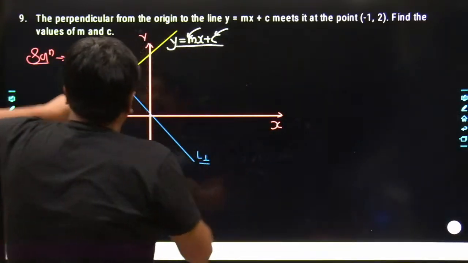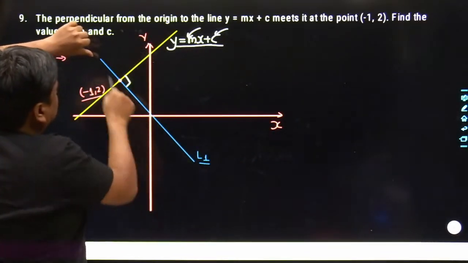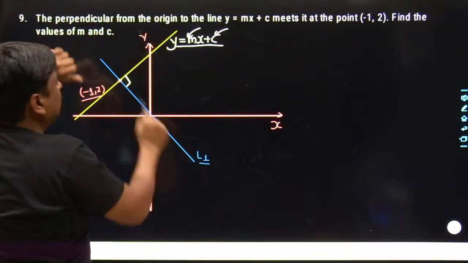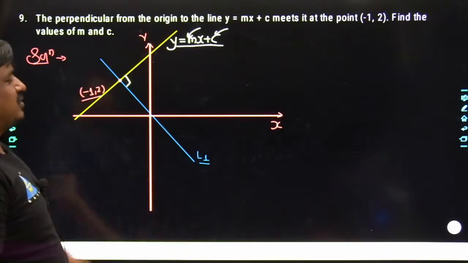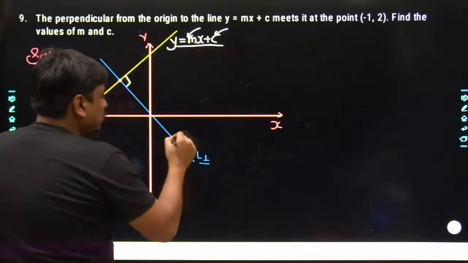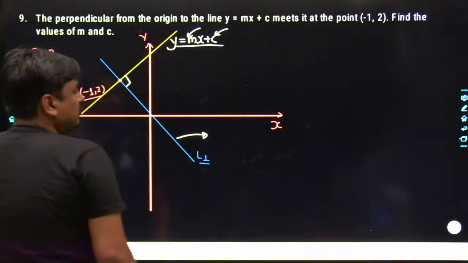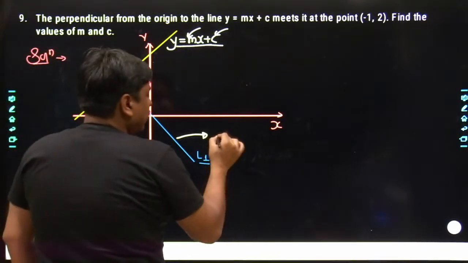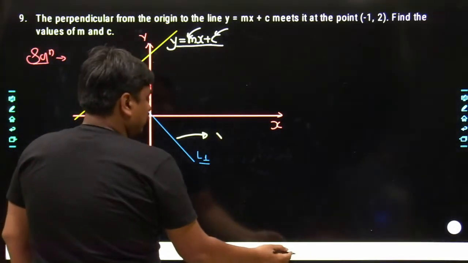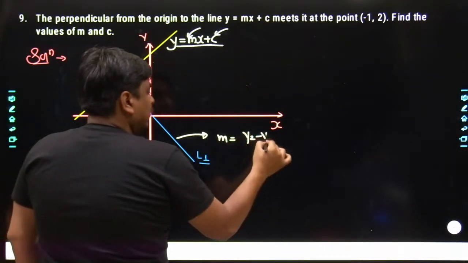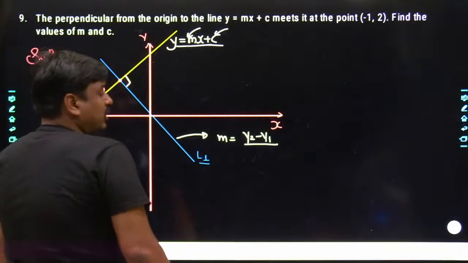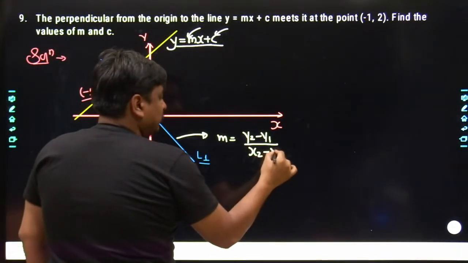At the very first, let me focus on this straight line. Do we really want to know the equation of this straight line? No. I just want to know the slope of this straight line. How is the slope calculated? m = (y2 - y1)/(x2 - x1), the change in ordinates divided by the change in abscissas.